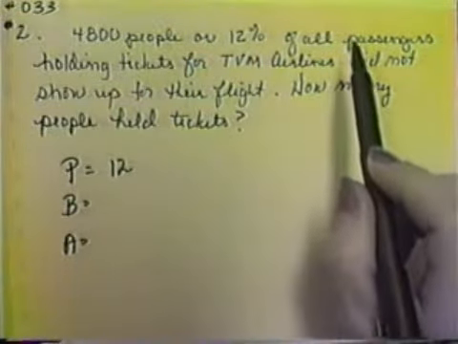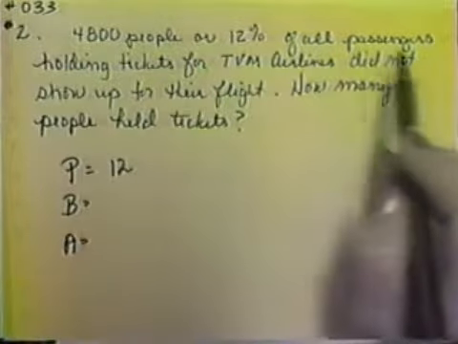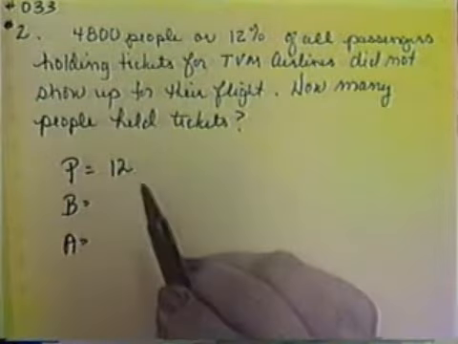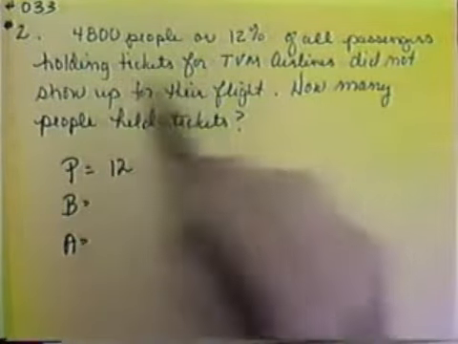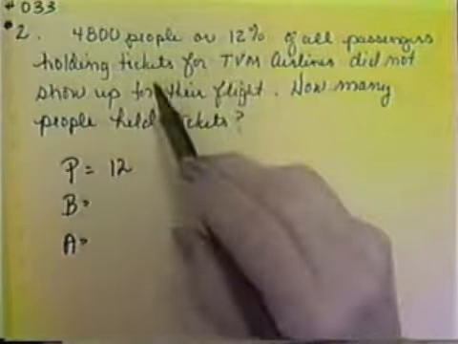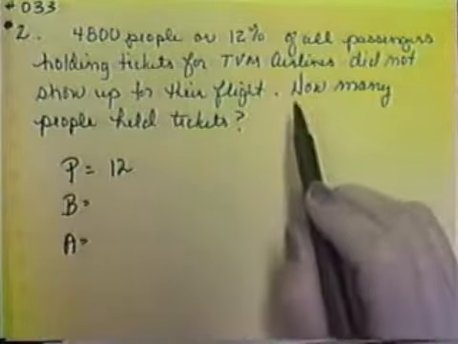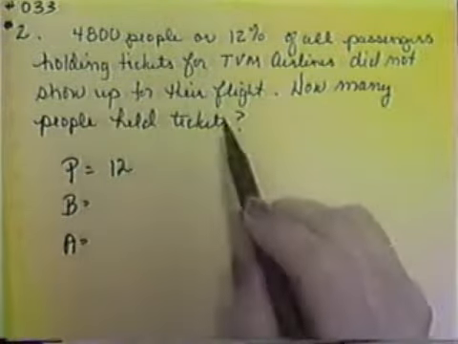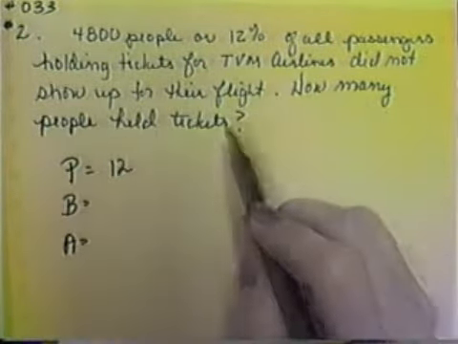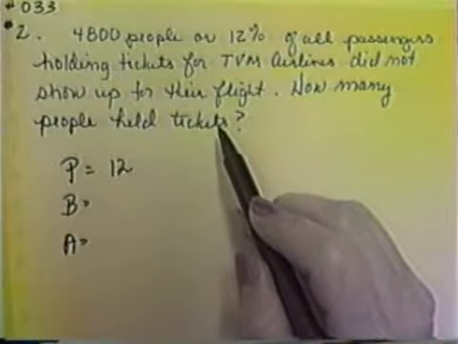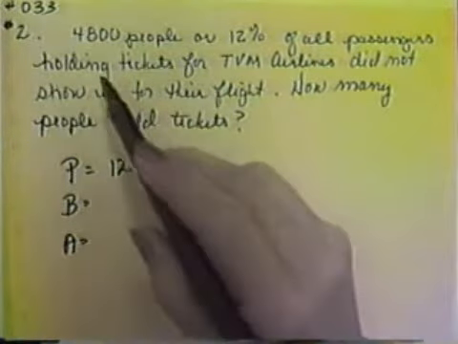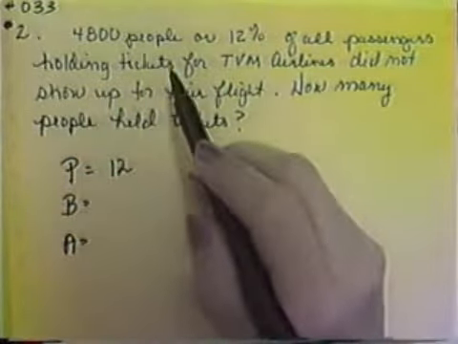Did they tell me what all the passengers holding tickets were? Okay, 12% of all passengers holding tickets. Do I know how many people were holding tickets? It says how many people held tickets. That's apparently what we're looking for.